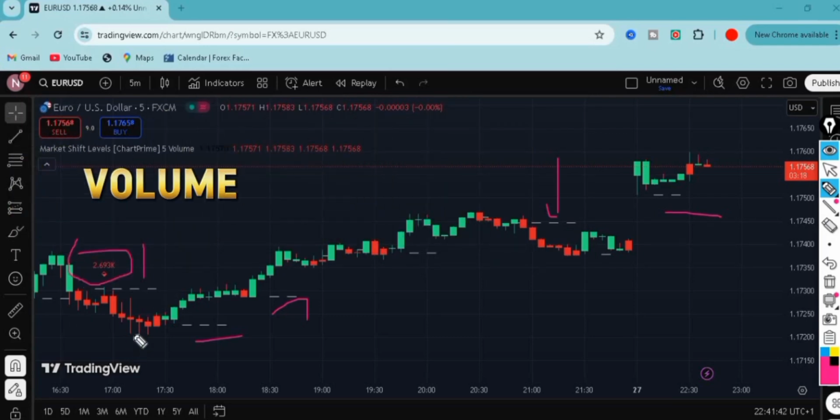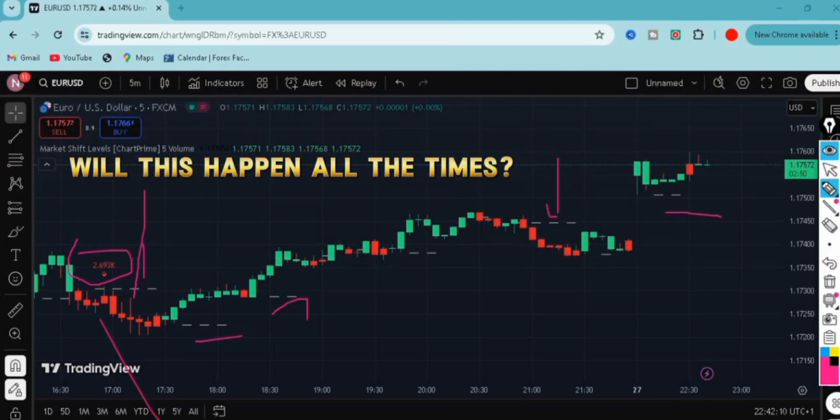This is the volume. You will see them definitely in different colors, in red color and as well in blue color. But guys, I want to tell you for sure, volume doesn't really work well when it comes to this indicator, simply because the creator of the indicator says when you see a red volume highlighted, and then you see this line right here highlighted, and then you see a candlestick breaking and closing below, you execute a sell order. But the question you're supposed to ask yourself, will this happen most of the time?